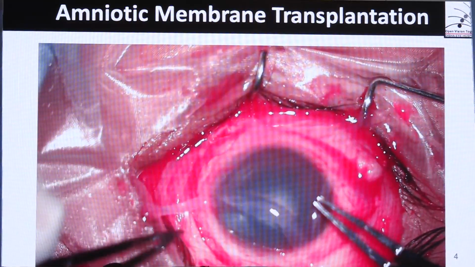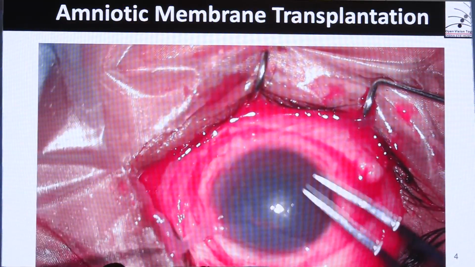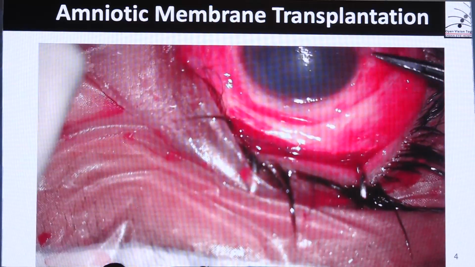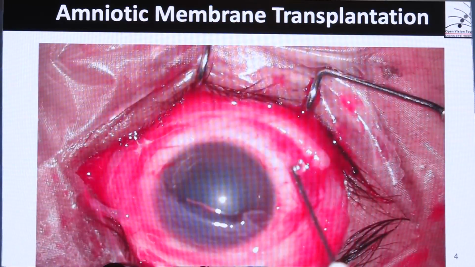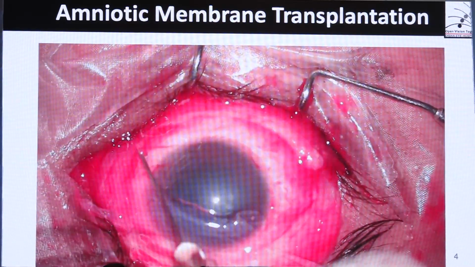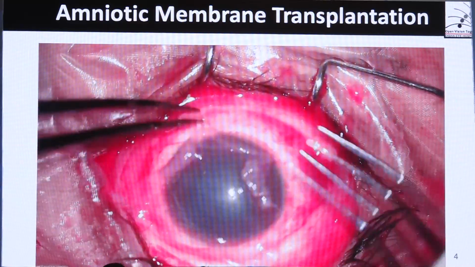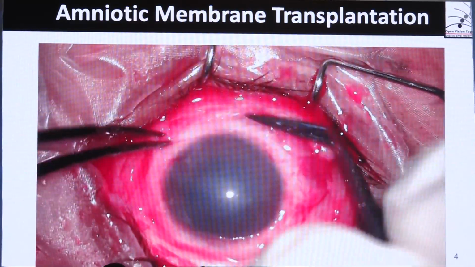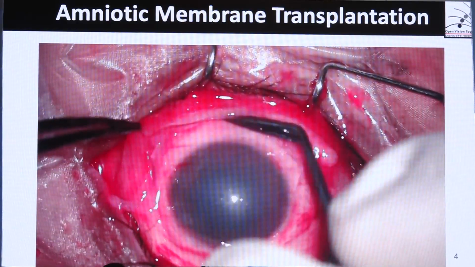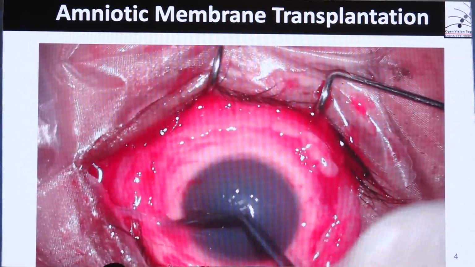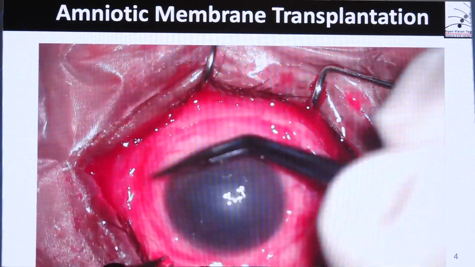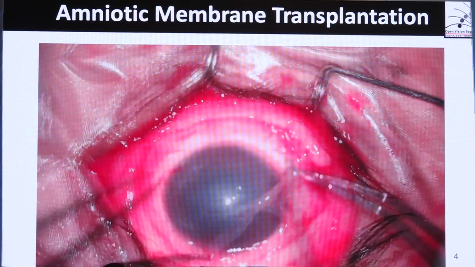Here it will be as a graft, with the epithelial side up. So I am putting this fibrin glue. And then you have to undermine inside the conjunctival peritomy.